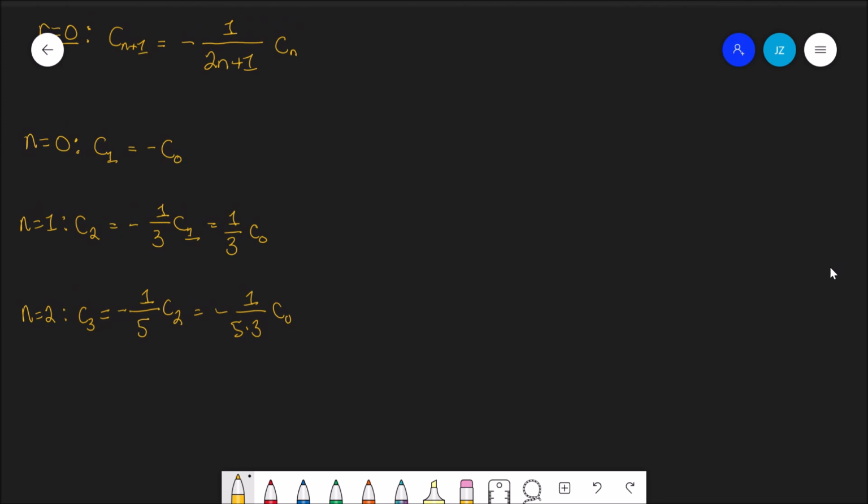Let's look at one more. n equals 3 will give us C sub 4, which is negative 1/7 C sub 3. And C sub 3 is negative 1 over 5 times 3 C naught. So this becomes 1 over 7 times 5 times 3 C naught.